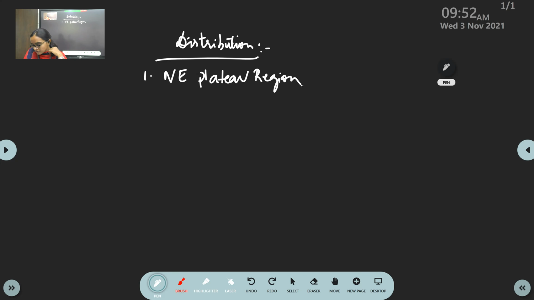This belt covers the Chota Nagpur plateau. Where is Chota Nagpur? Jharkhand, note it down. It also covers the Orissa plateau, some of West Bengal, and Chhattisgarh.